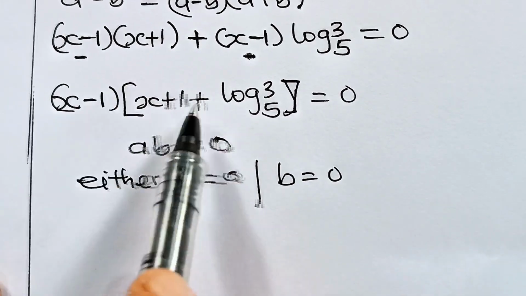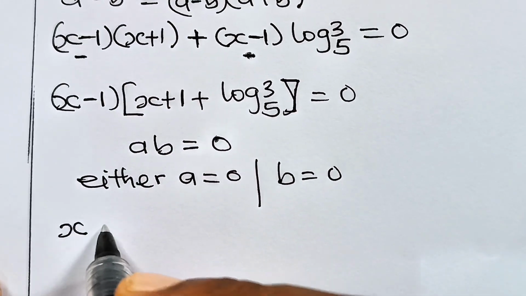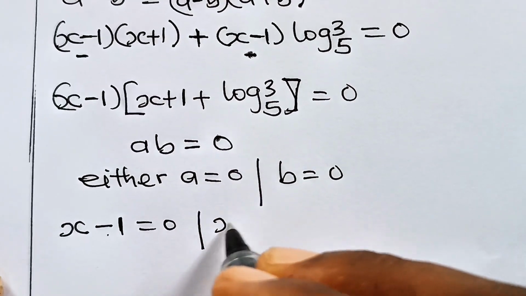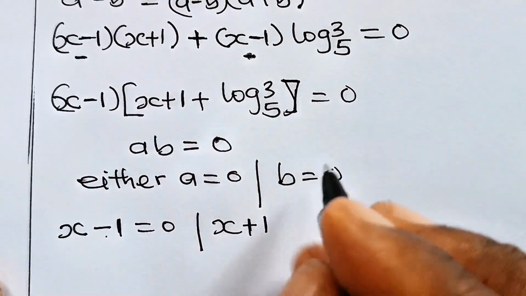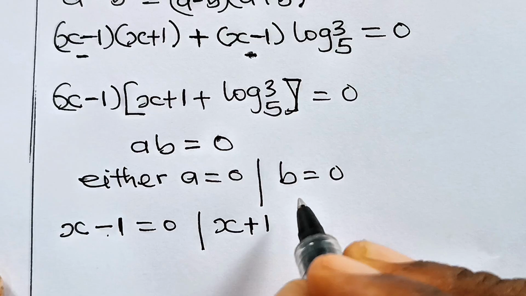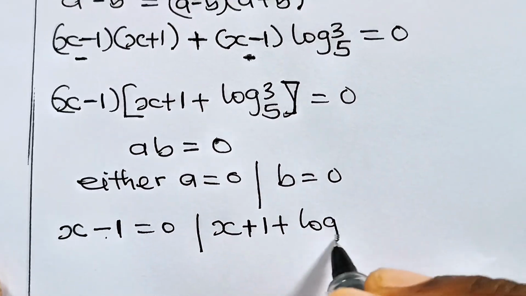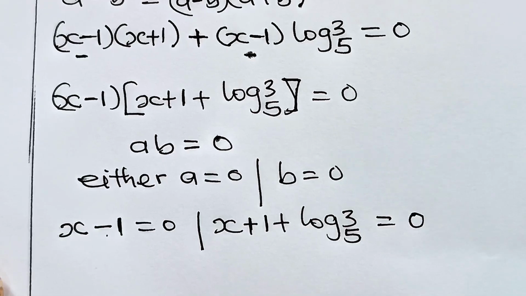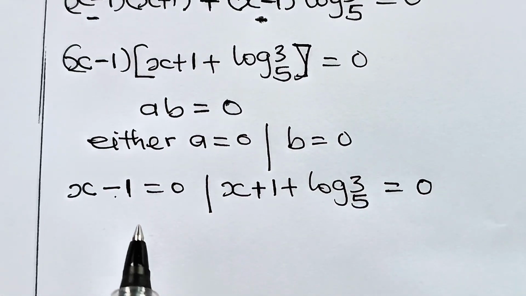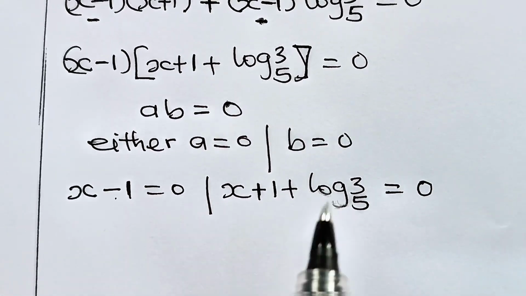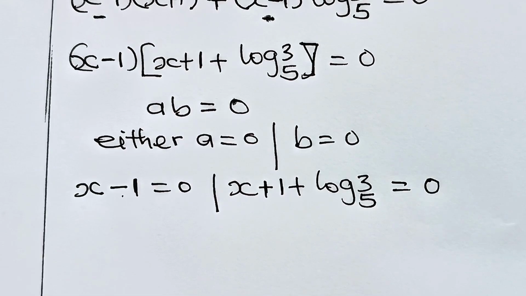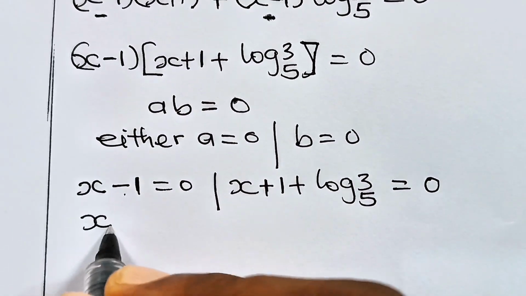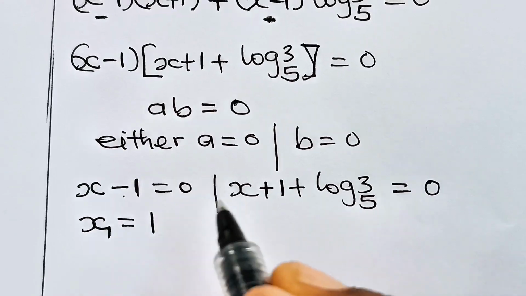So that means that from here we can say x minus 1 is equal to 0 or x plus 1 plus log 3 base 5 is equal to 0. Alright, now we continue. So the first value of x is so obvious. So the first value of x is equal to 1.